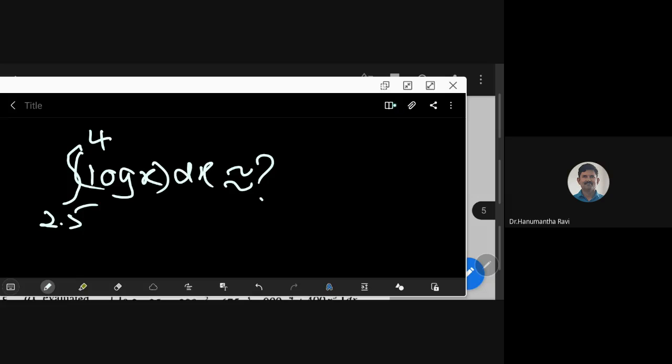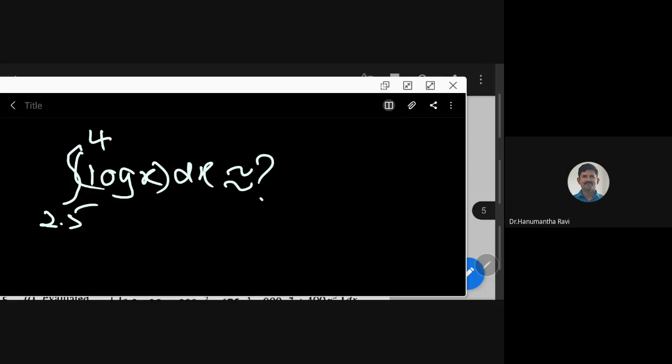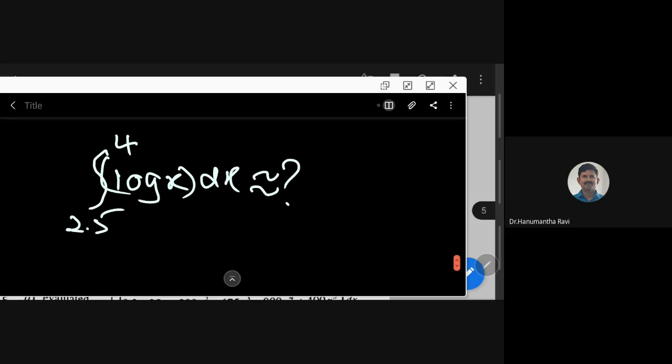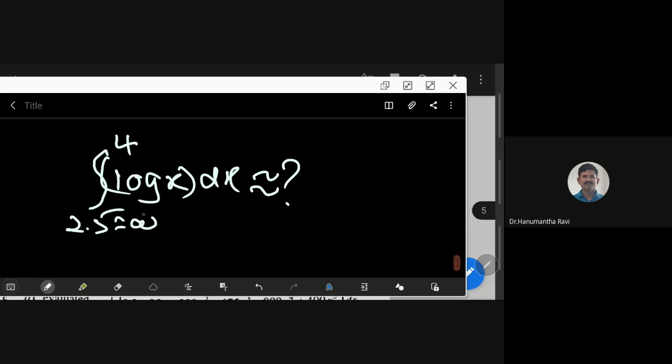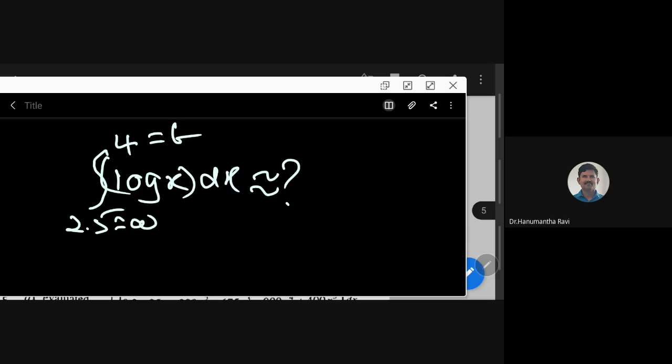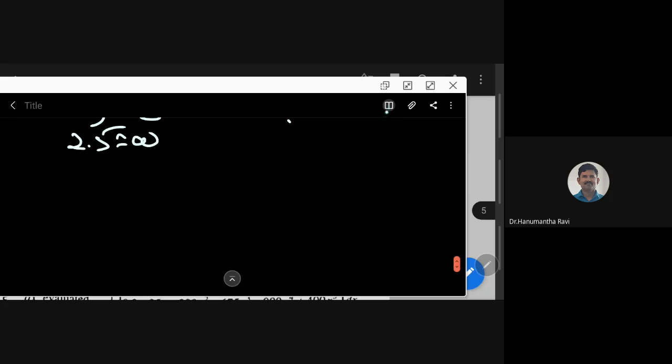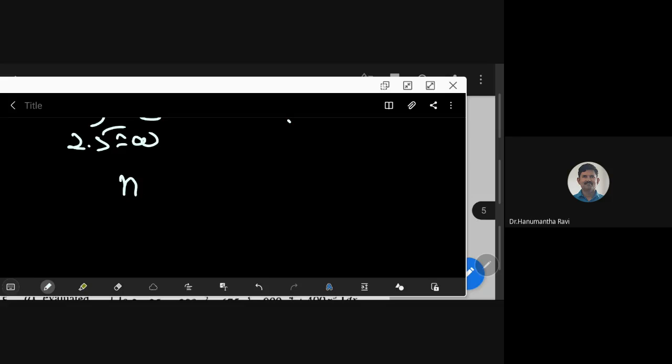Okay, 5 subintervals. It is a simple thing. If you consider this as a and this as b, the number of subintervals is usually denoted by n and the step size is h. What is the relation between n, h, a and b?